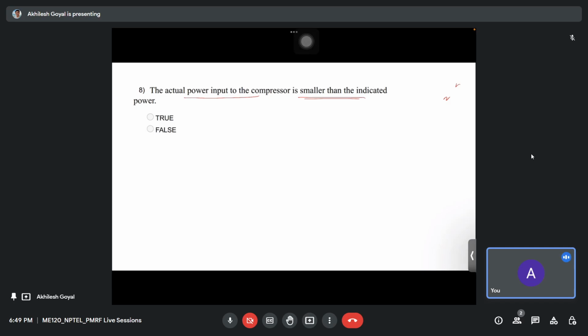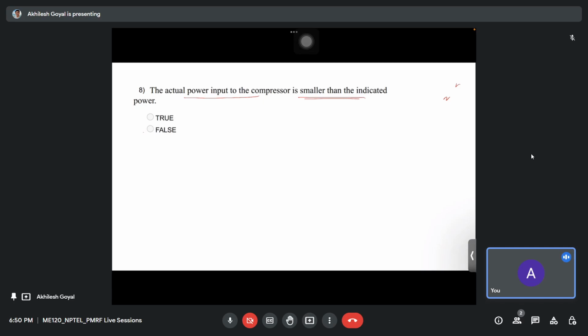Apart from the indicated power, there are the mechanical losses, the air leakage, the leakage through the walls, and all those leakages and losses. Okay. So in reality, the actual input to the compressor is higher compared to the indicated power, but not smaller. Okay.